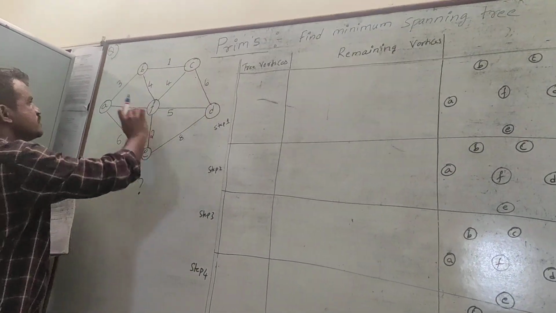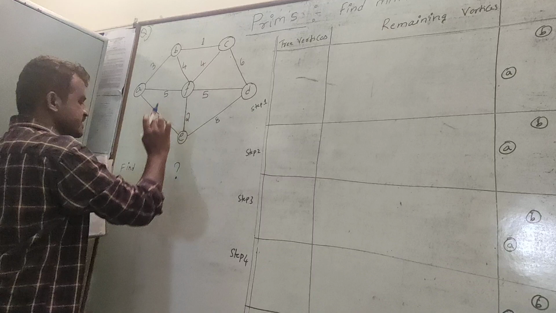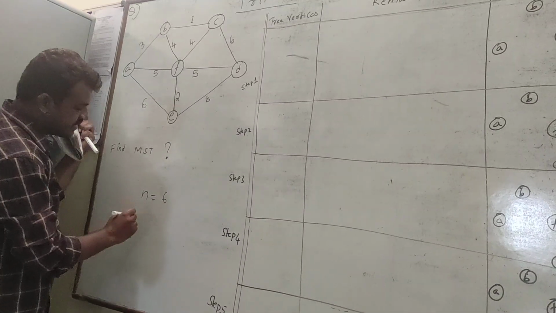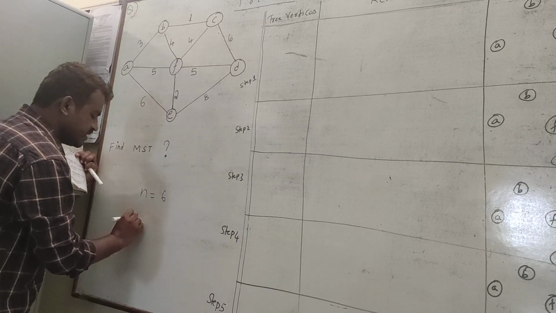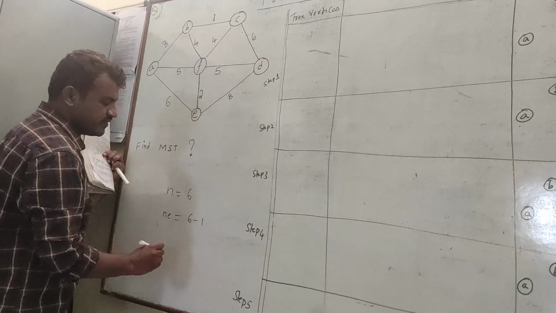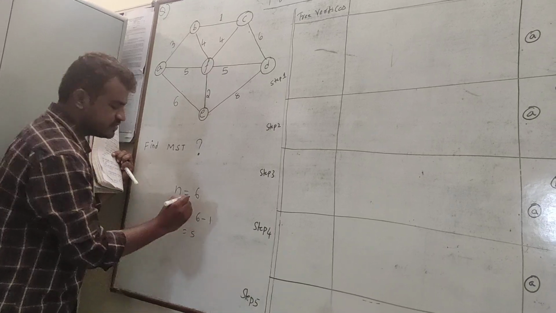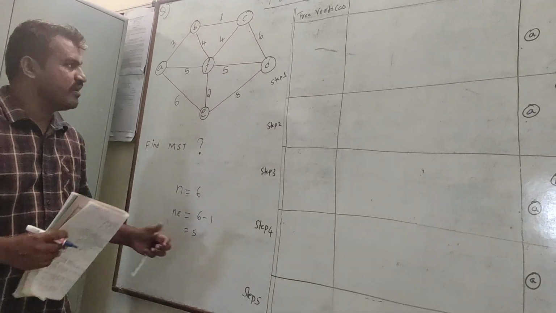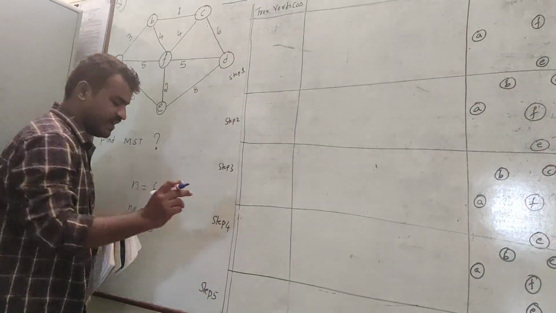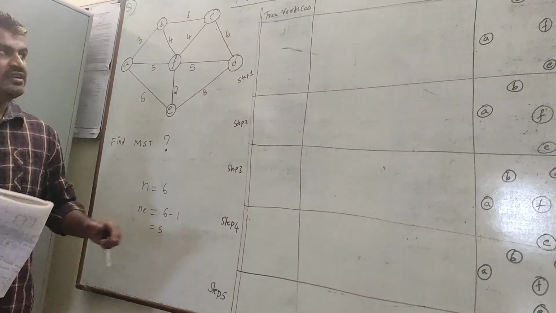Here the number of nodes is 1, 2, 3, 4, 5, 6, so 6 nodes. The number of edges you are going to select is 6 minus 1, which is 5. That's why you write step 1, step 2, step 3, step 4, step 5. 5 steps will come up.